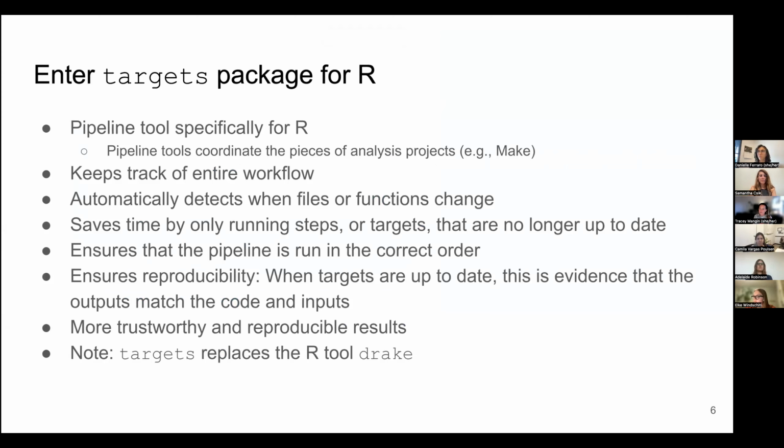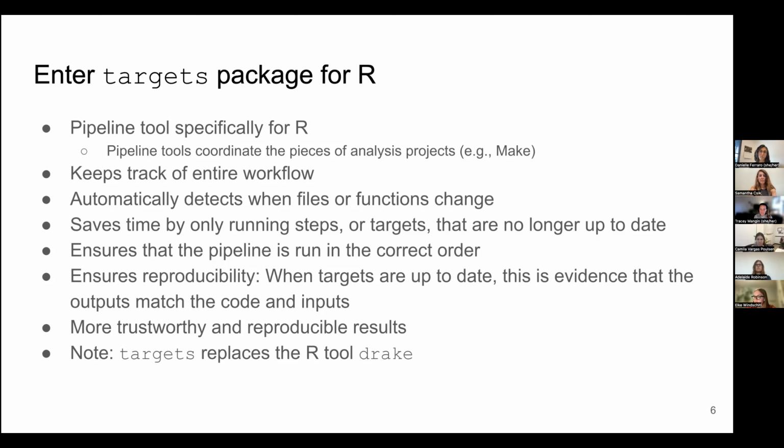It keeps track of your entire workflow, automatically detects when functions or files change, and it will save time by only running steps or targets affected by these changes in the files or the functions. It ensures that the pipeline is being run in the correct order and ensures reproducibility.